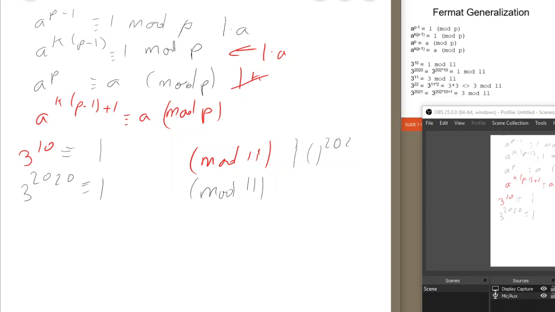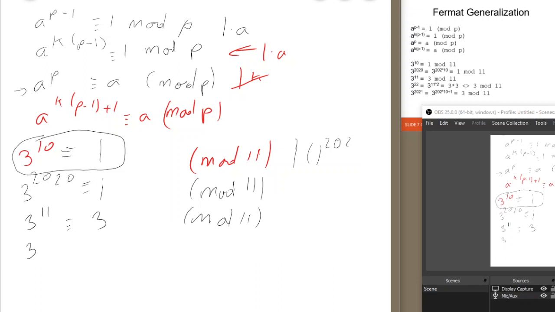Now the second generalization stands for 3 to the power 11, multiplying this one times a, gets 3 to the power 11 congruent to 3 mod 11.